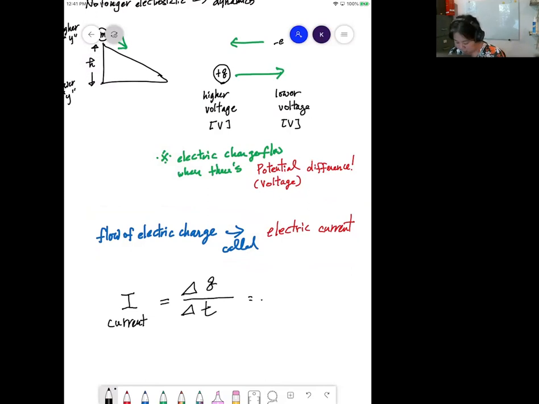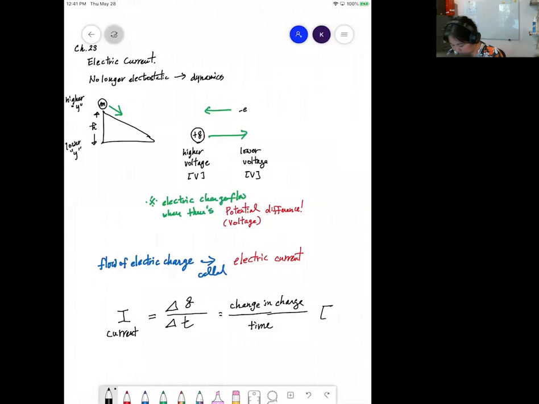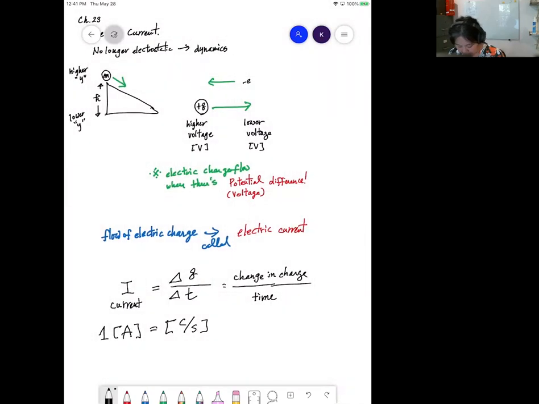This means how much charge is flowing per time. So it's coulomb per second, and that equals 1 ampere. This big A is the unit for current, the ampere.